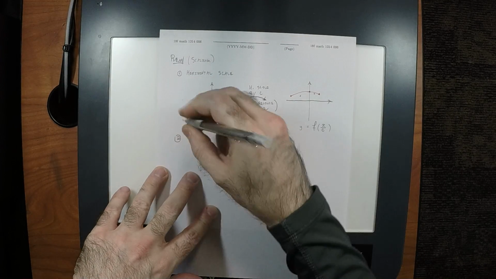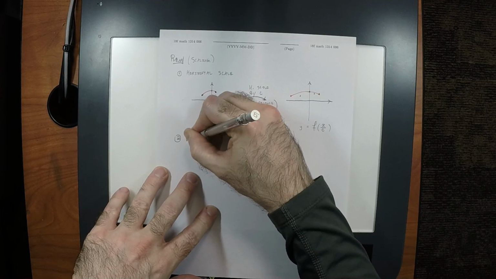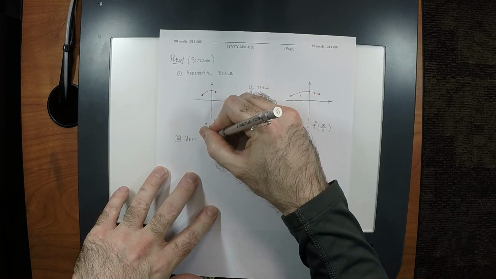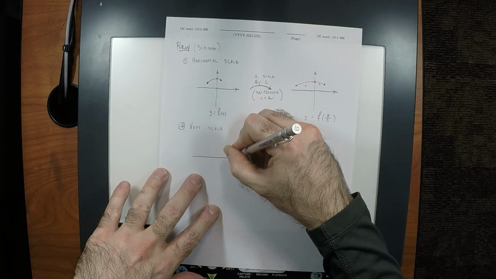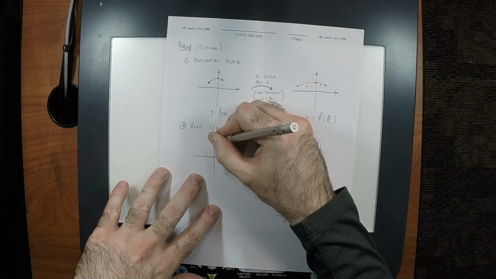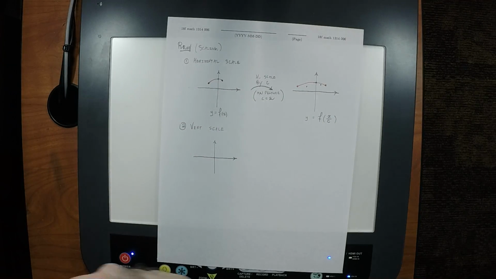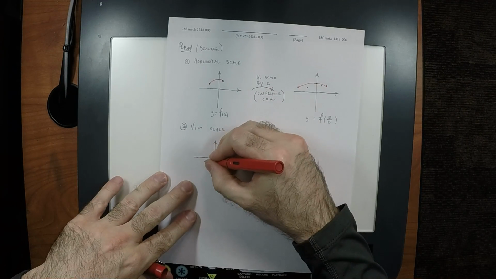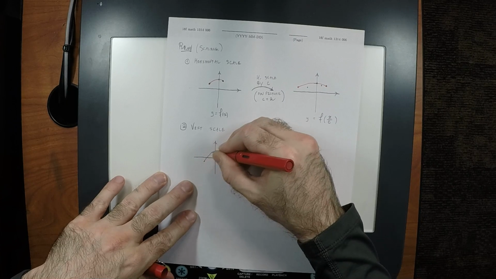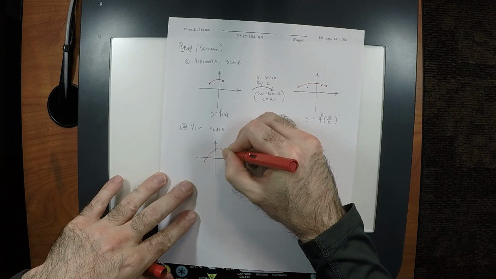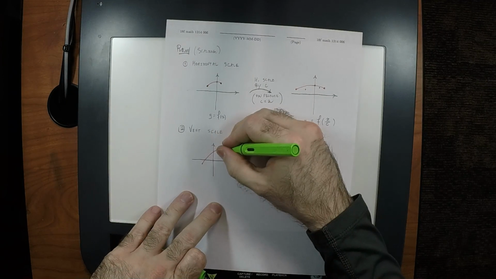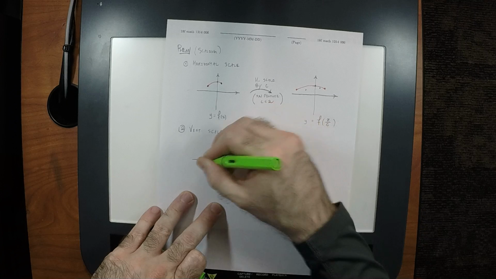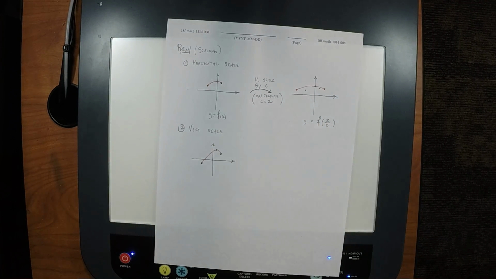So now that we did that nice and slow, we can do this one. Suppose we want to do a vertical scale. And suppose that this is the picture. I marked those 3 points because I'm going to vertically scale it.